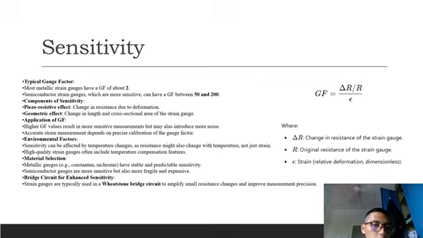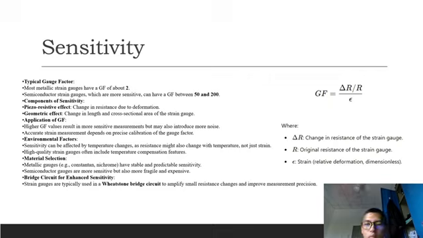Application of gauge factor: a high gauge factor value results in more sensitive measurement. Environmental factor: sensitivity can be affected by temperature change, and resistance might also change with temperature. Material selection, and bridge circuit enhance sensitivity. Strain gauges are typically used in the Wheatstone bridge circuit.